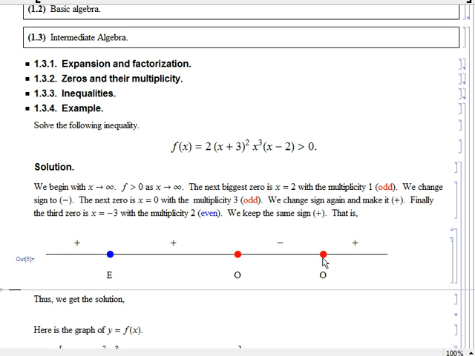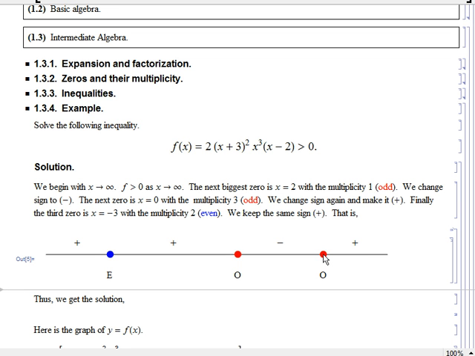Now, what are their roles? If you plug in some large number, like x equals 100 or something, or even better, infinity, then all these are very, very positive, so clearly positive. Now, when x hits x equals 2, the function value becomes 0, which means the graph goes down to 0 and then hits this 0 right over here.